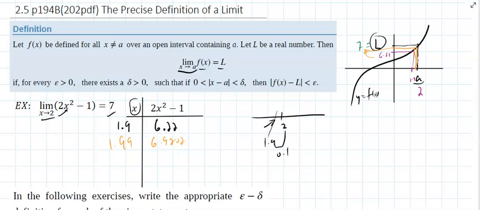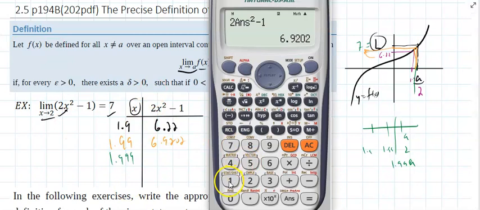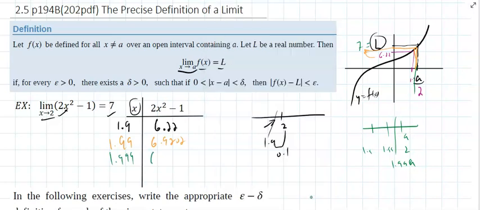What if I wanted to pick a value of 1.999? I'm getting even closer. So if this is 2, first I picked 1.9, then 1.99, then 1.999. What would happen then? So if you remember, the goal is to get the y value to match to as many decimals as we need. I recall the function, 6.992002.